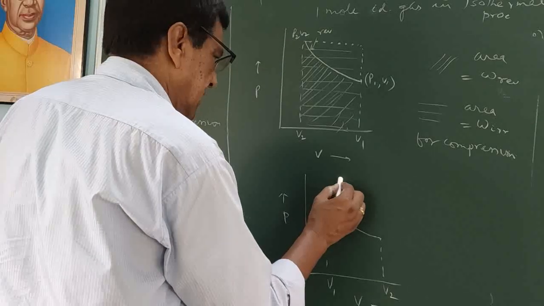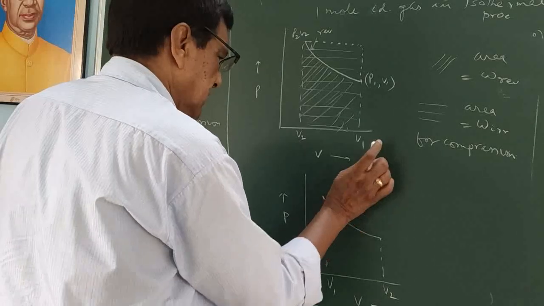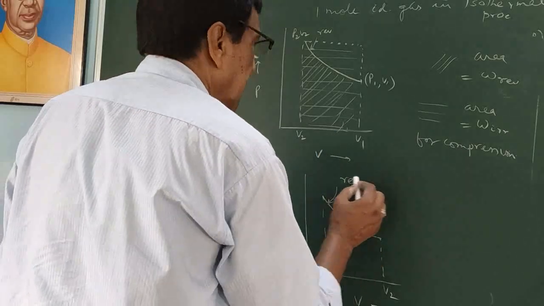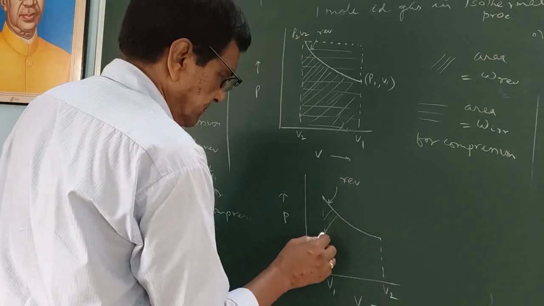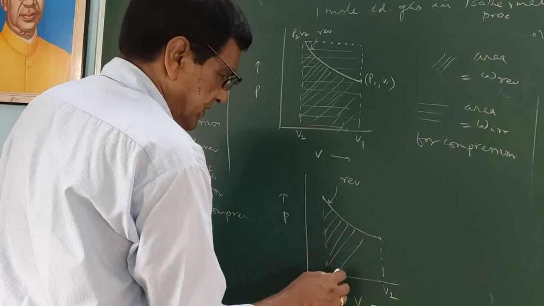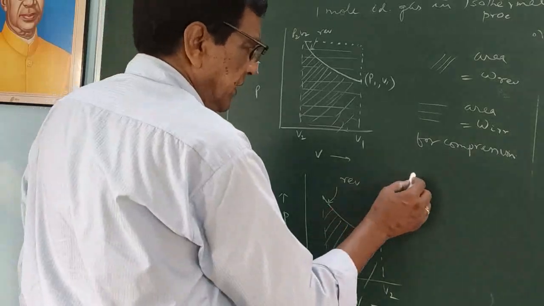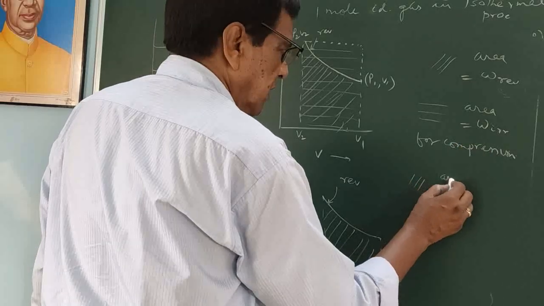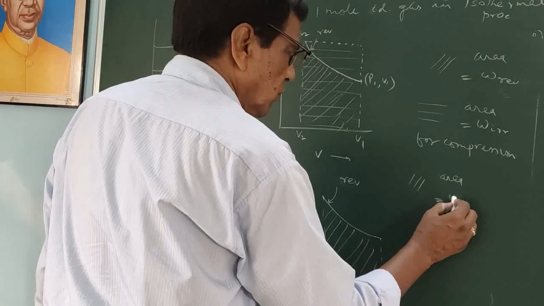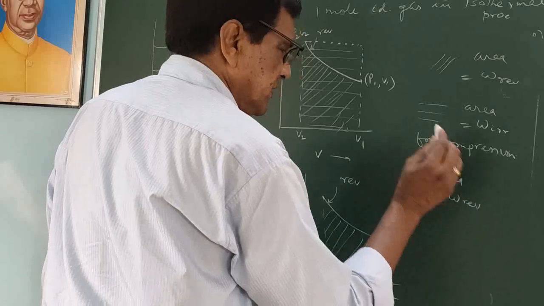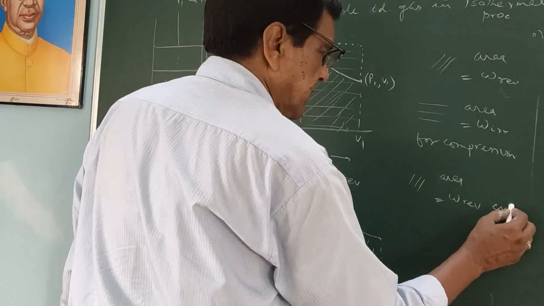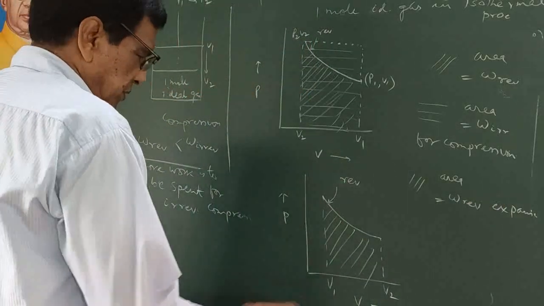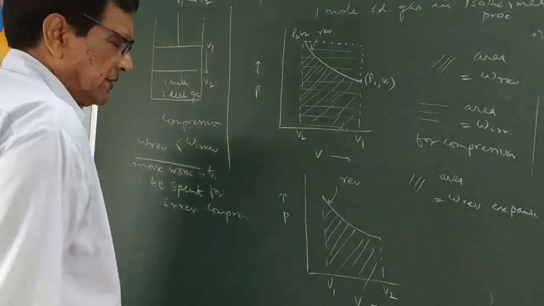This is reversible isothermal, and the area under this curve will give you the work done in reversible process, reversible expansion, V1 to V2. V2 is greater than V1.